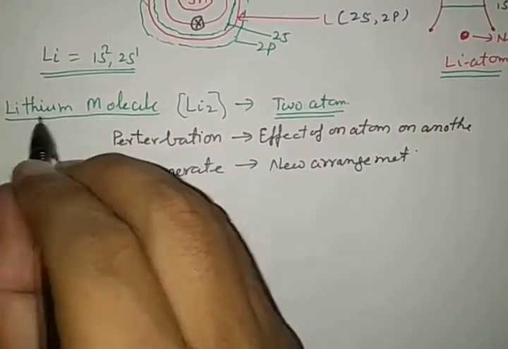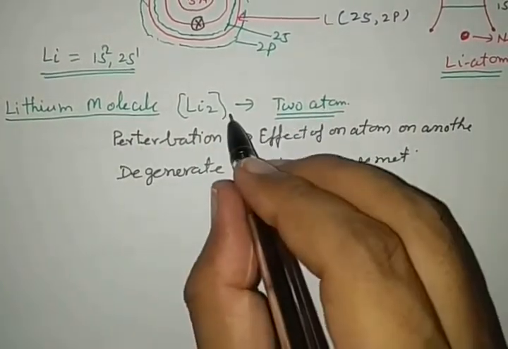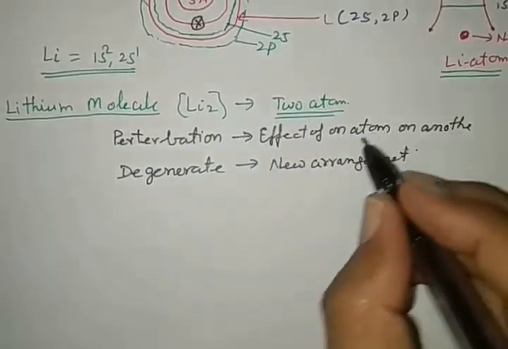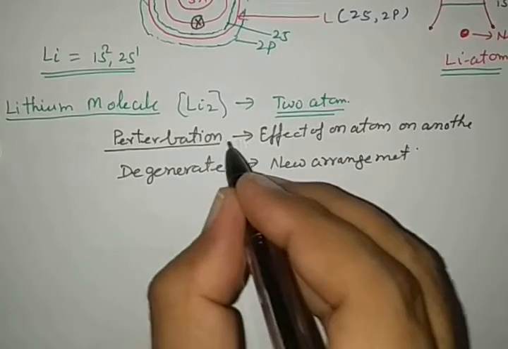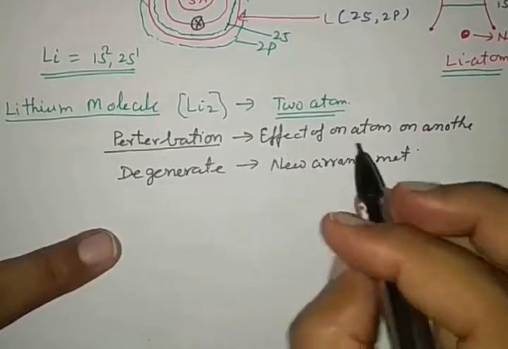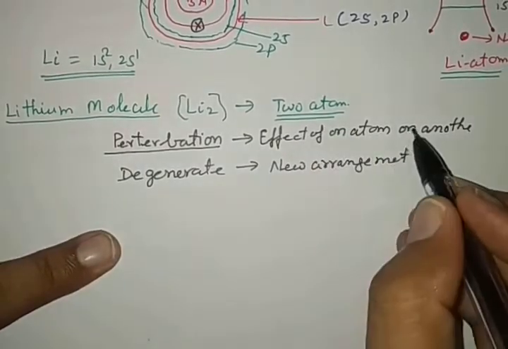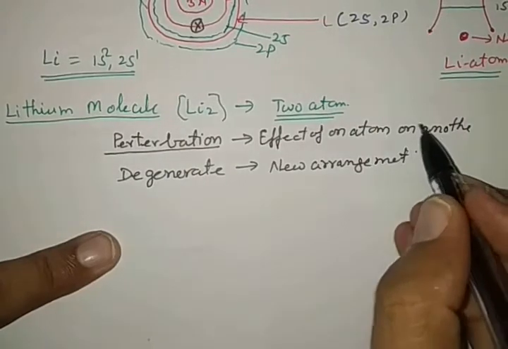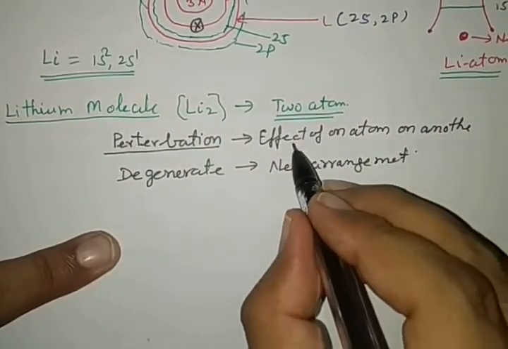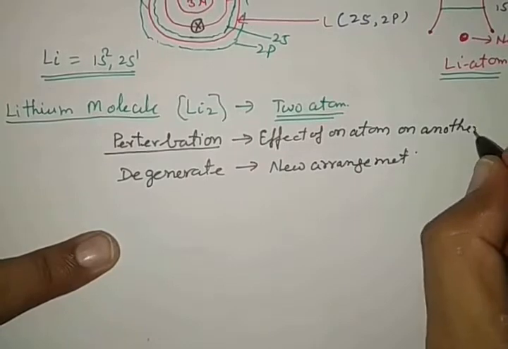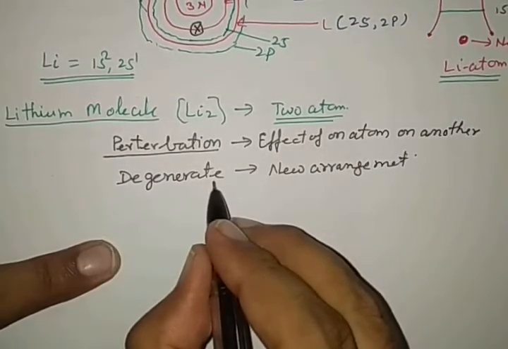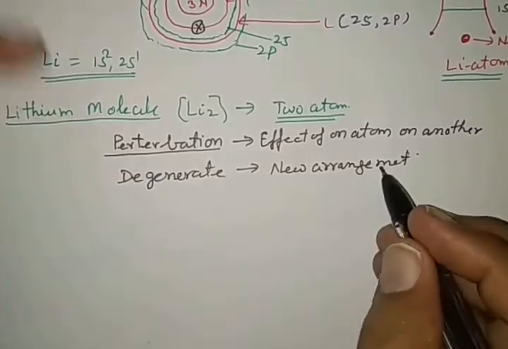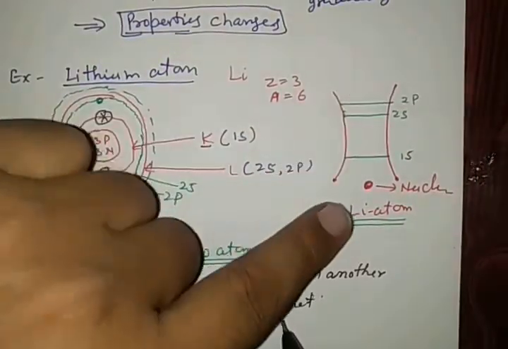When there are lithium molecules, meaning 2 atoms, perturbation theory acts. What is perturbation theory? One lithium atom is affected by the second atom and the second atom is affected by the first atom, the effect of one atom on another. As a result, a new arrangement is formed, other than the single lithium atom.